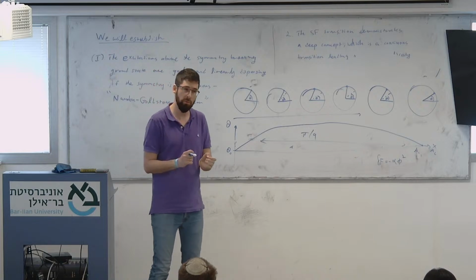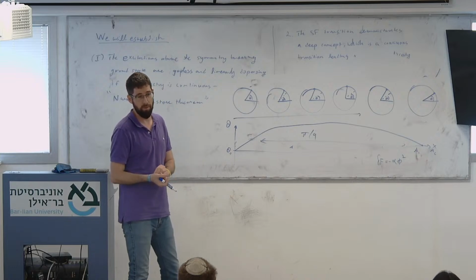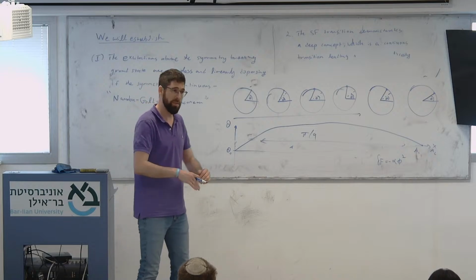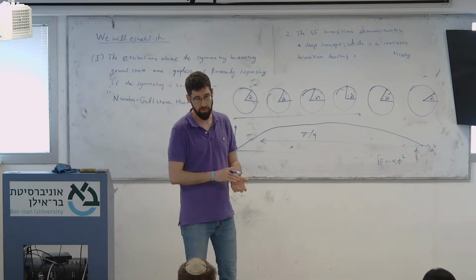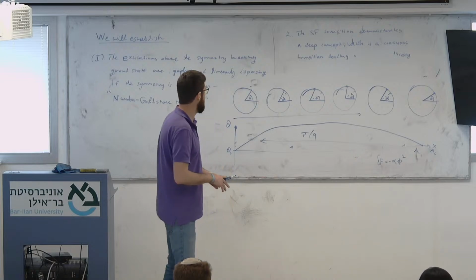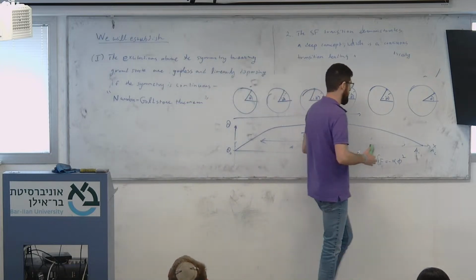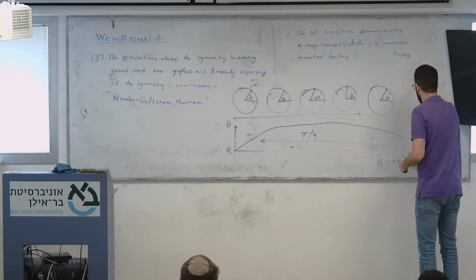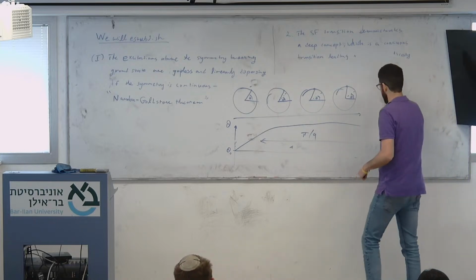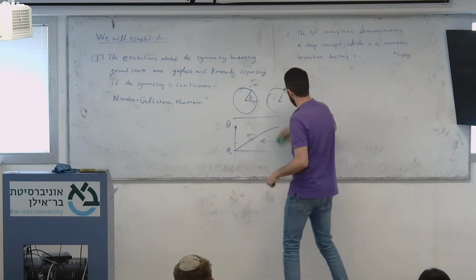So this gives you the intuition why, once we have a continuous symmetry, we always have a mode that disperses from 0. Okay, so this is called the Nambu-Goldstone theorem. It's a very deep and important concept.